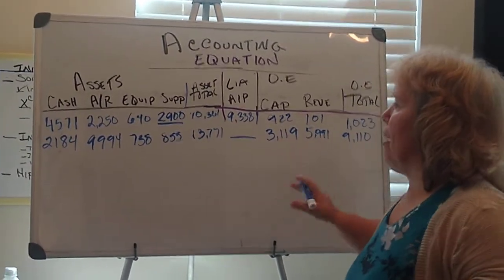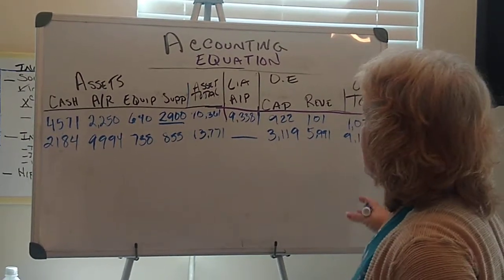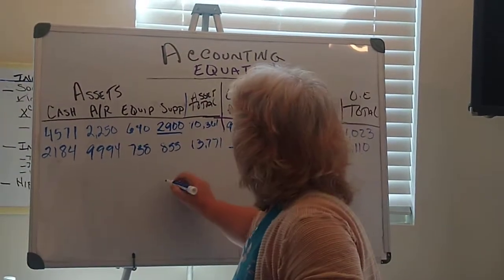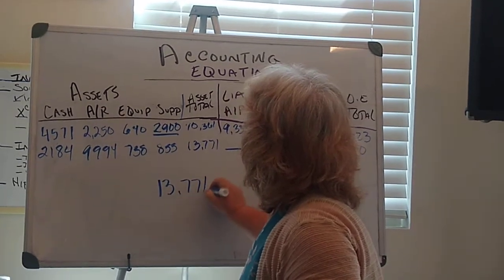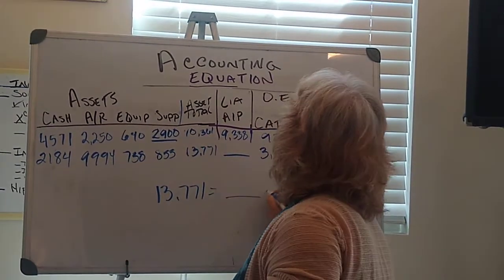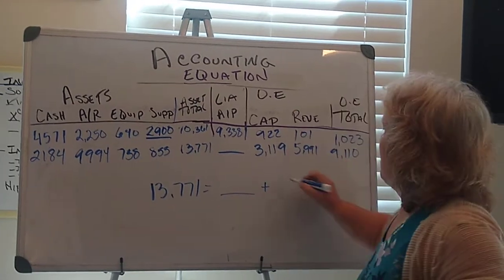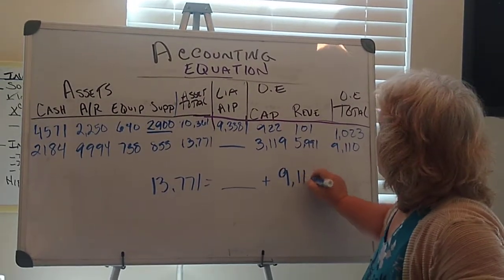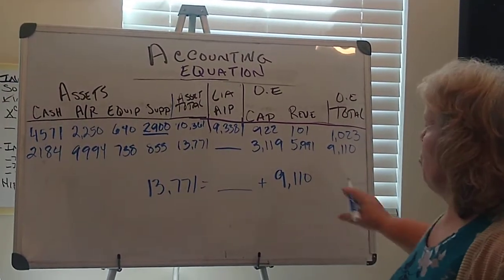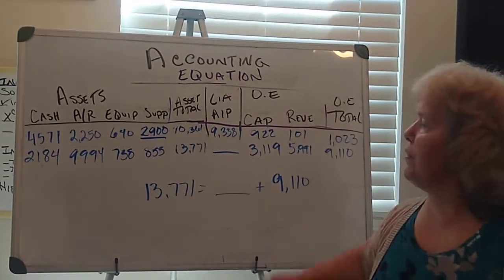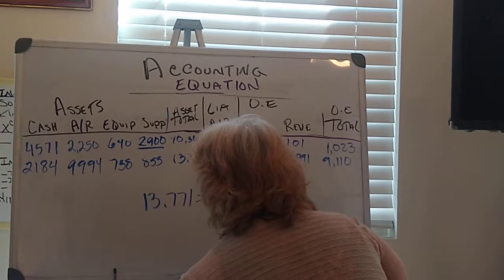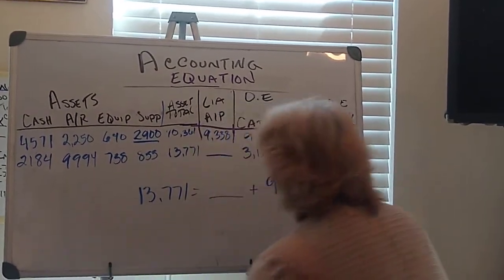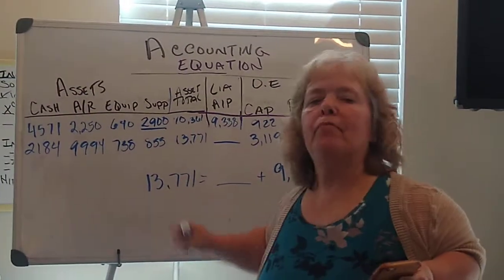So how do we figure out what the liability amount is? Well, if we know the asset amount is 13,771 equals liability plus owner's equity. Okay? So what would you do to figure out this amount? You would need to subtract the owner's equity from the total asset.